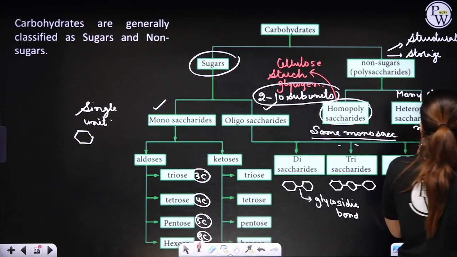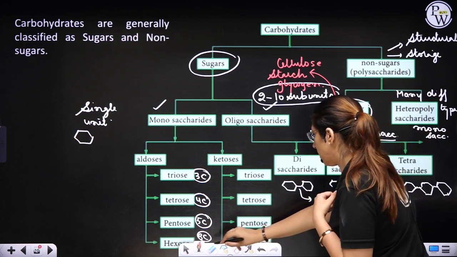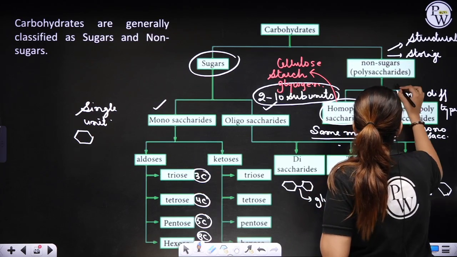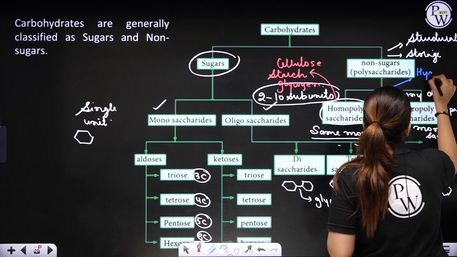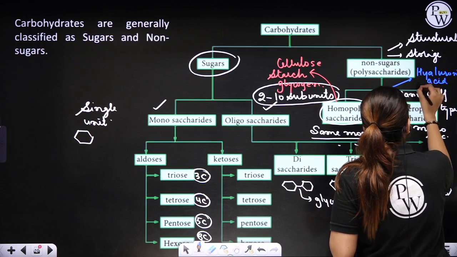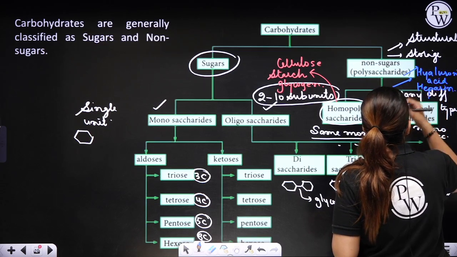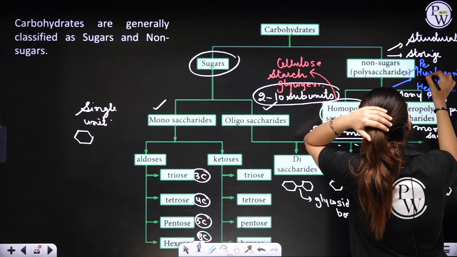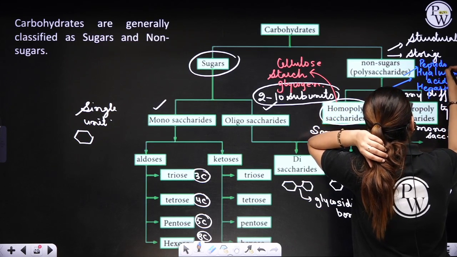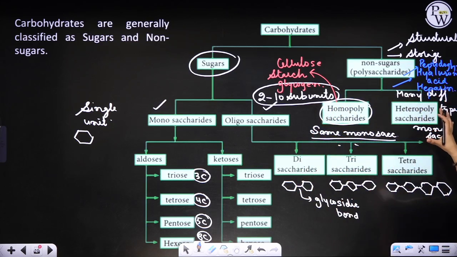These are the examples. In the heteropolysaccharides, we have examples like hyaluronic acid, heparin, or peptidoglycan. Clear? So all these are carbohydrates, and this is how they will be classified.